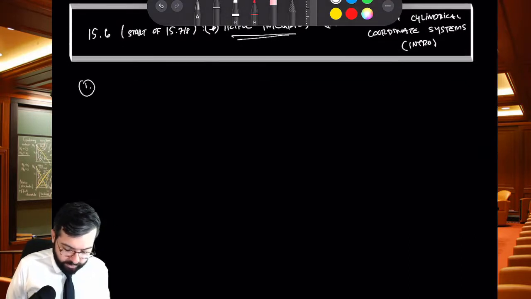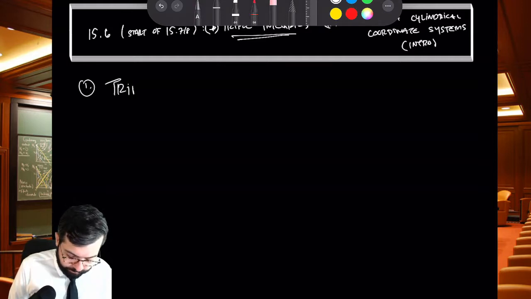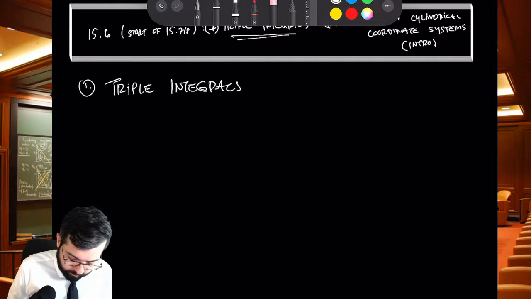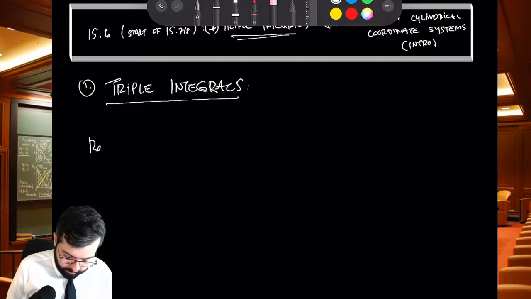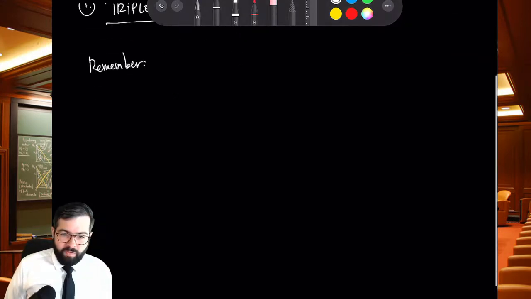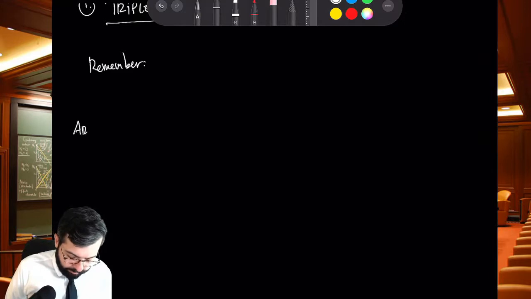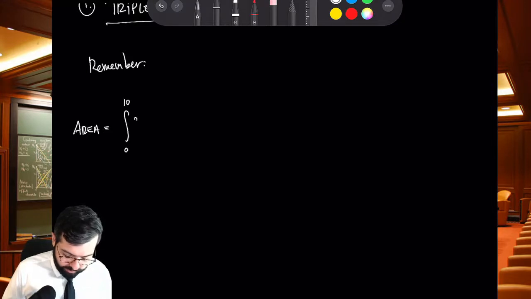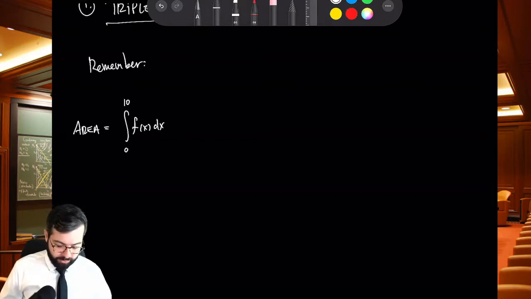So first off, let's recall some helpful info. It's always a good idea. Remember that for an area problem from back when we were just pups, the integral from 0 to 10 of some f of x dx gave us the area under the curve of f of x.